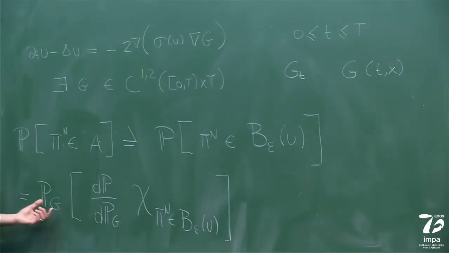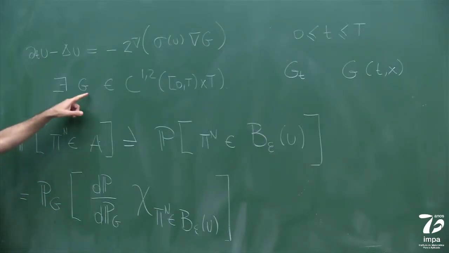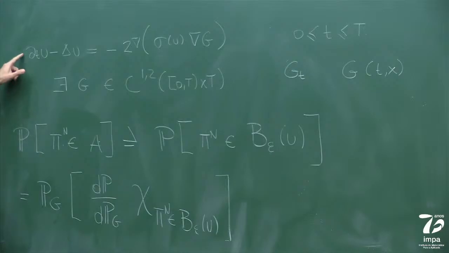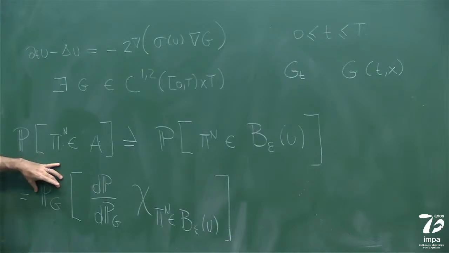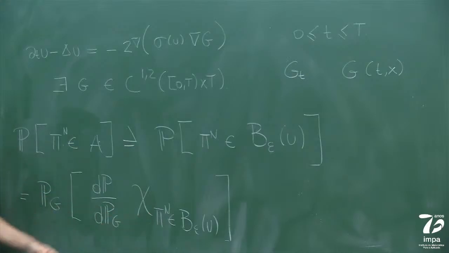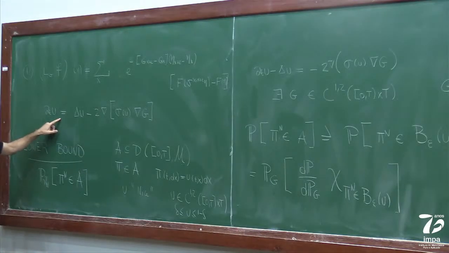So now I changed my measure with this g, which I just constructed, because now, since g is the solution of this equation, it means that under this new measure, the empirical measure will evolve according to this equation.